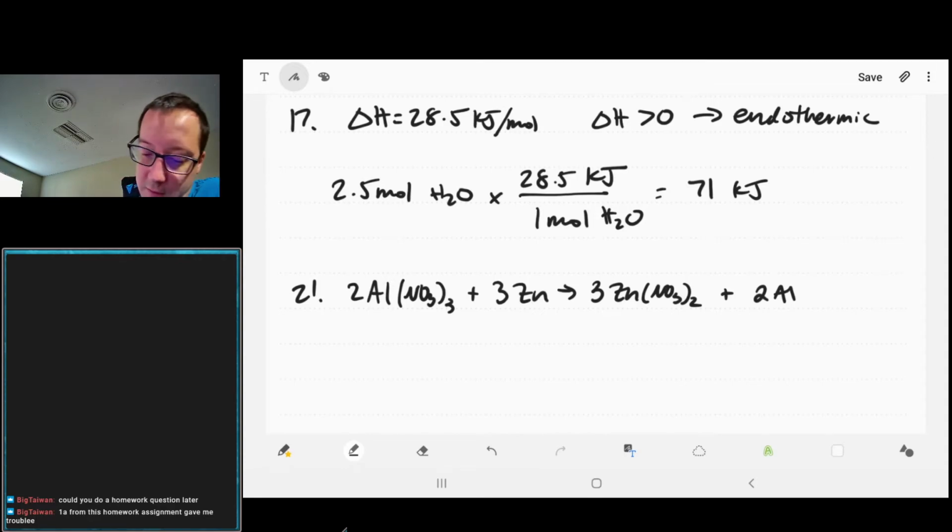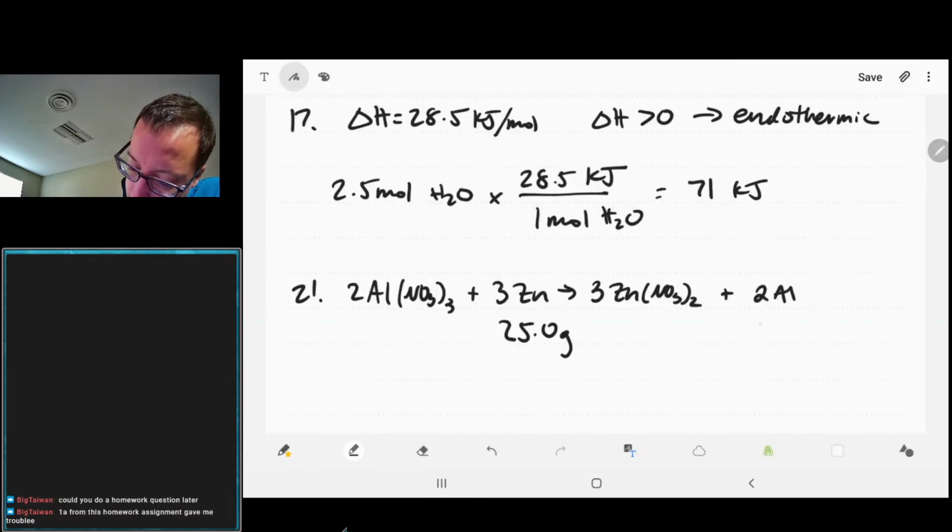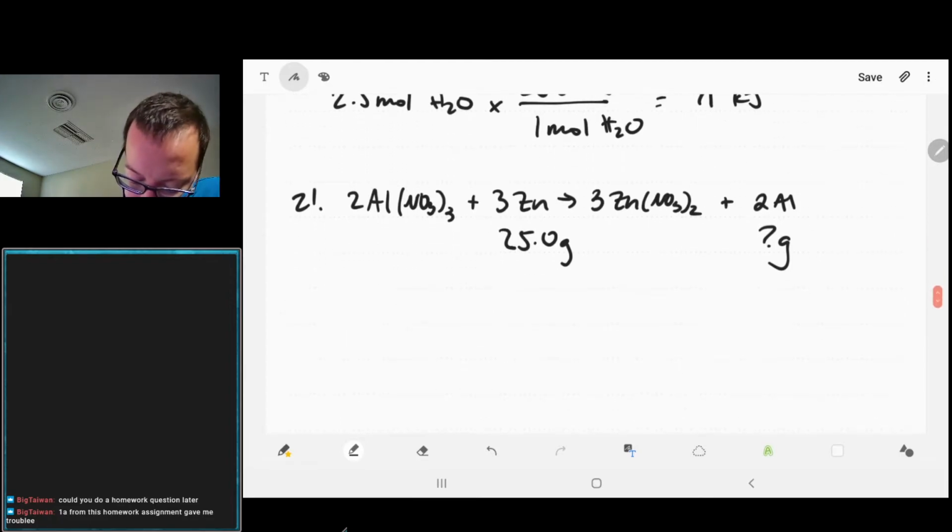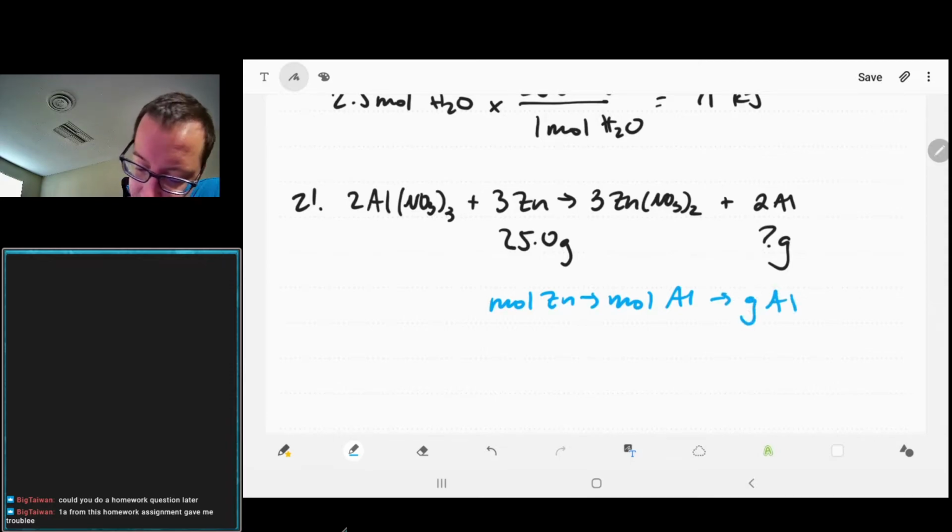Okay, so we have 25 grams of zinc, 3 grams of aluminum nitrate. No, I'm sorry, 3 grams of aluminum. So we have moles of zinc going to moles of aluminum, going to grams of aluminum, and we're given grams of zinc to start.